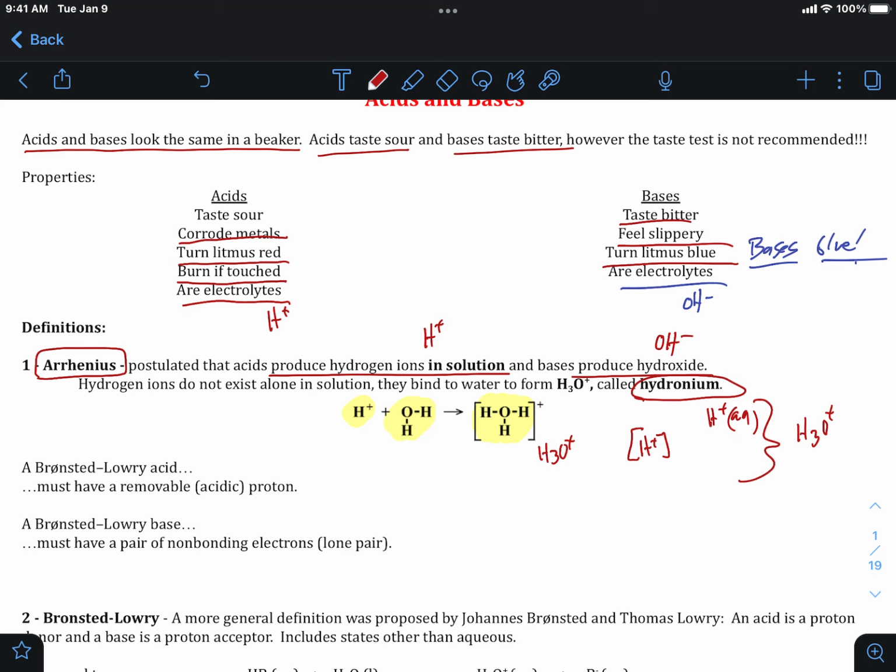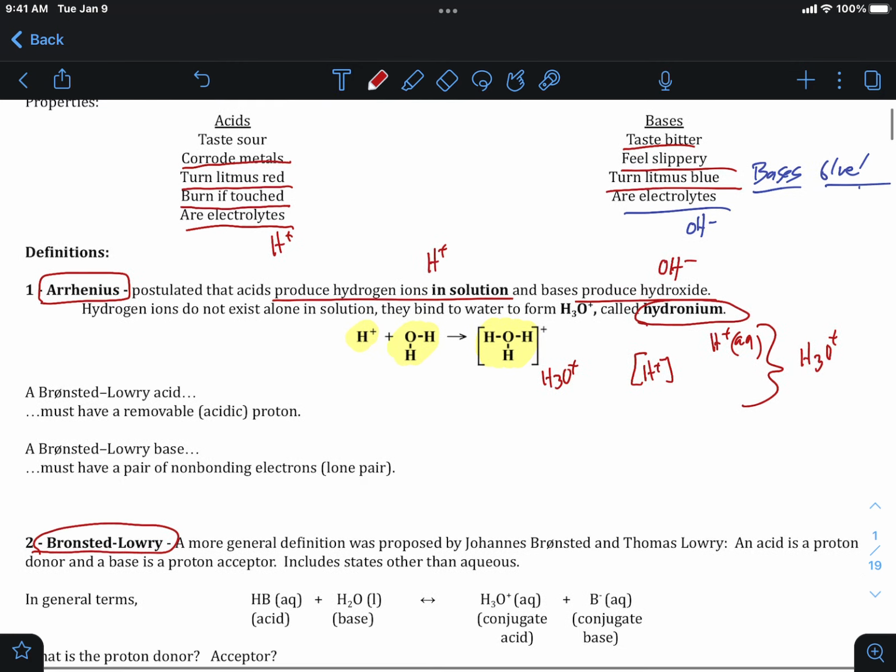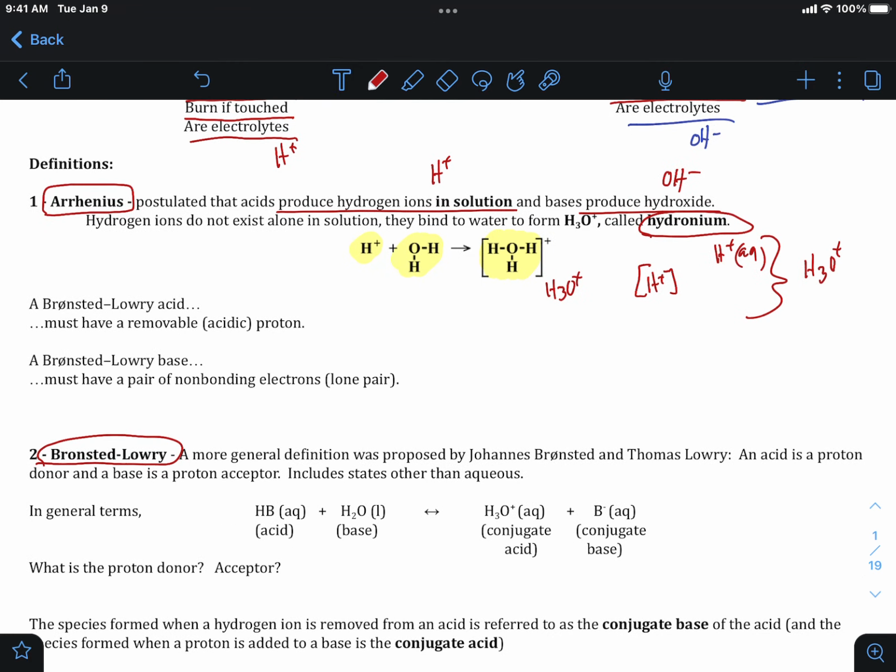All right, so that's the Arrhenius definition. Acids make H+, bases make OH-. The Bronsted definition, or Bronsted-Lowry, but Bronsted is shorter. The Bronsted definition says that acids are proton donors. Bases are proton acceptors. All right?